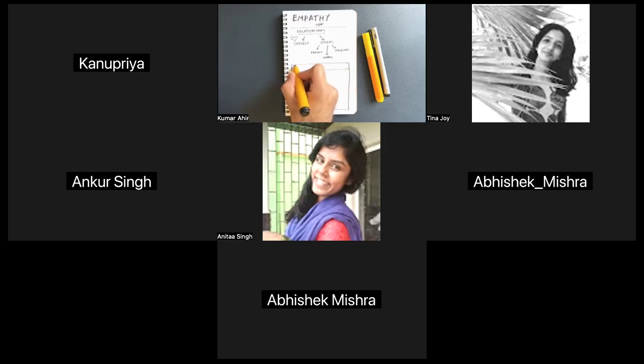So let's say this is for Kumar, and then break down this square into four parts like that.